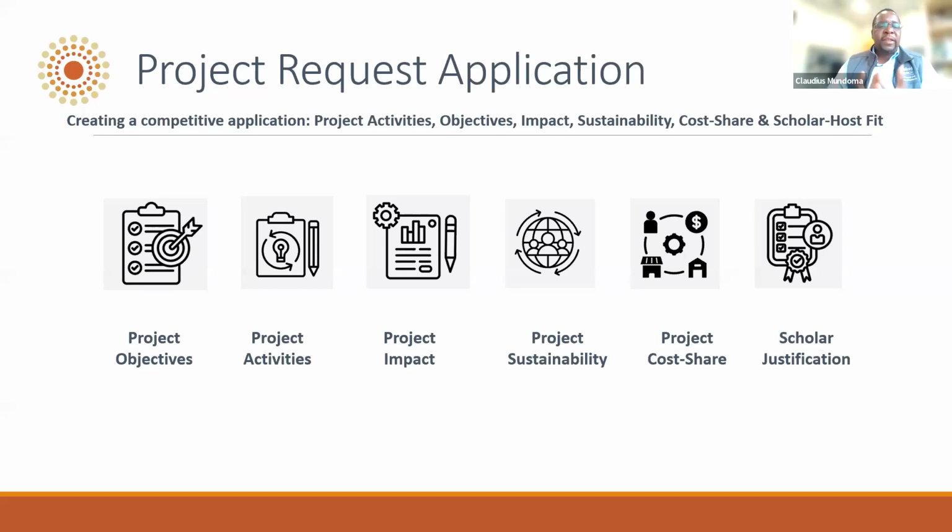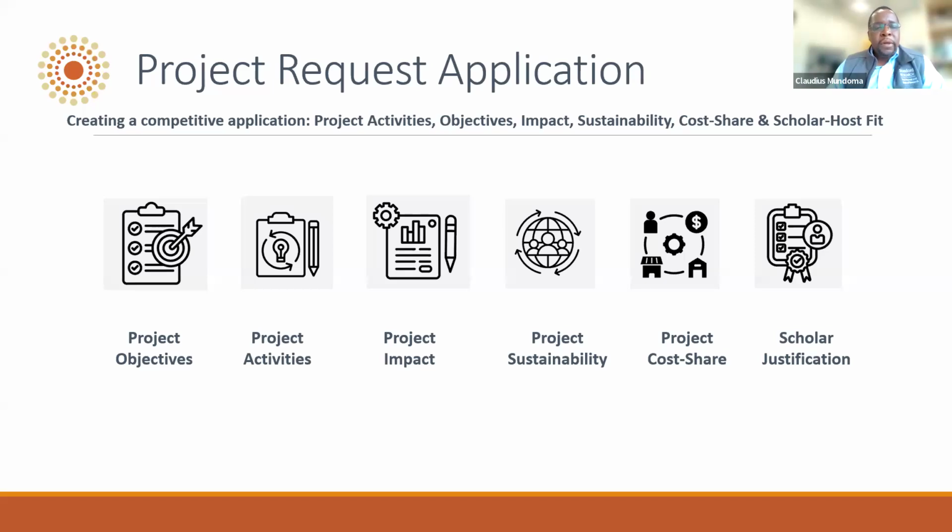I was able to create that alignment, and most of my cost share did not come from the vice president of research. It actually came from the international office, because they understood the strategic goal that was to be achieved by me visiting these institutions.